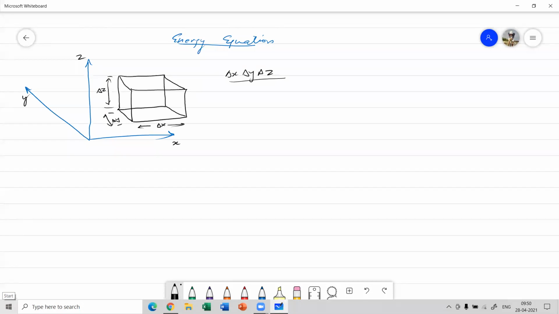Now in this, let's assume that in this small element, the fluid is flowing in all the given directions in space, and both kinetic energy and internal energy may enter into the system and may leave the system via a process of convective transport.